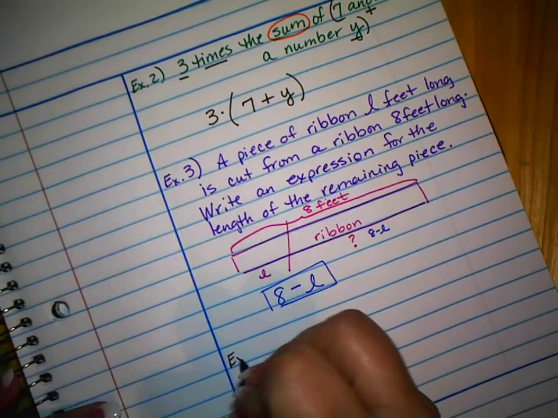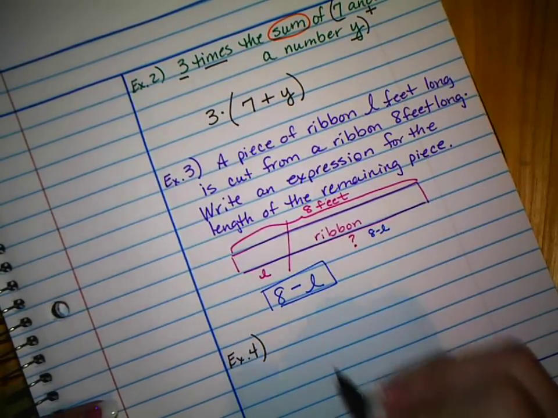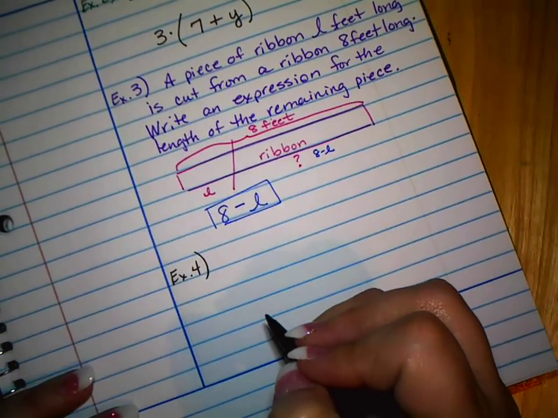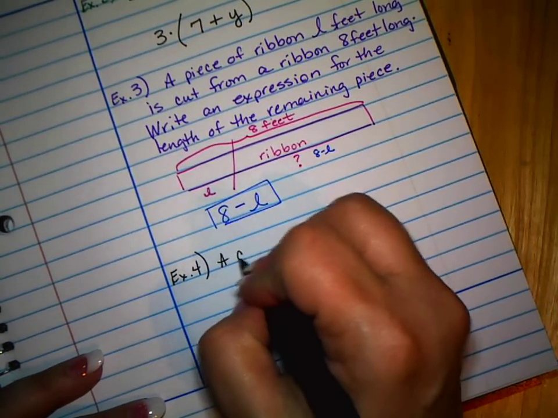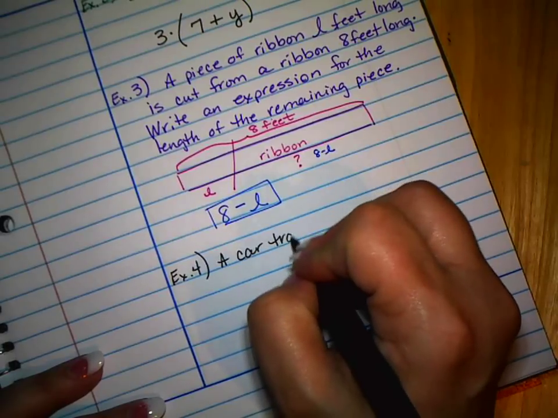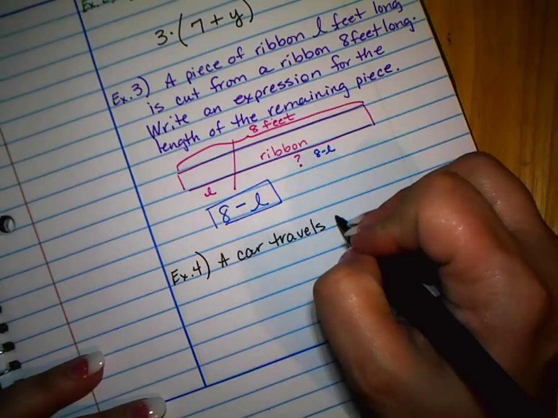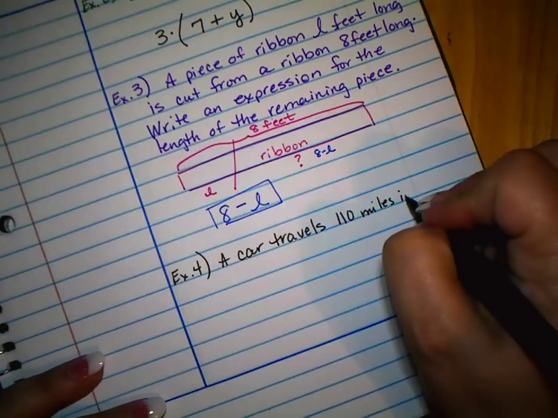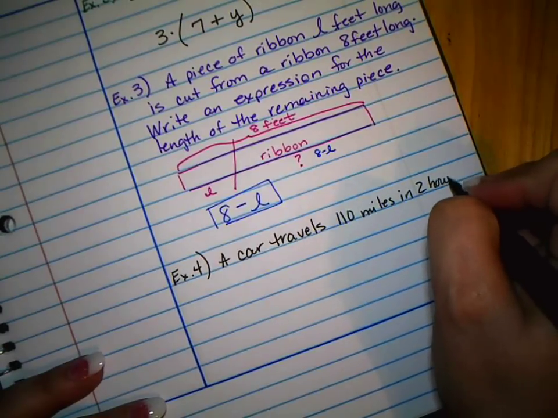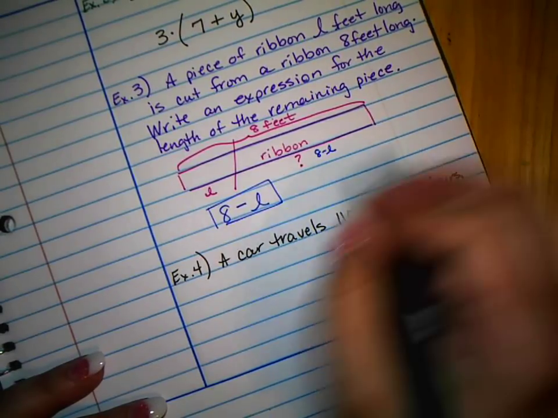Example 4. A car travels 110 miles in 2 hours. Find the unit rate.